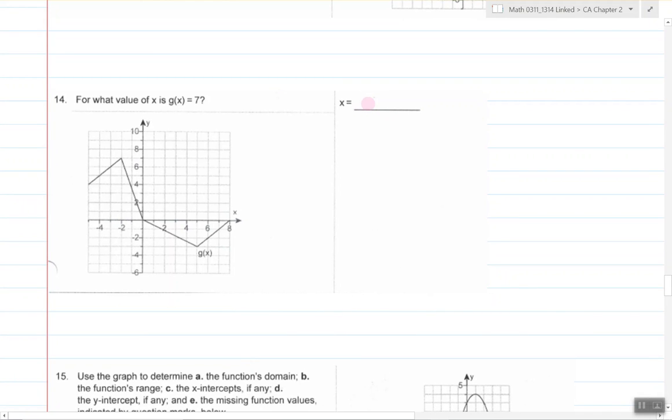Number 14 is stated a little differently. It says, for what value of x is g of x equal to 7? So when they say g of x is equal to 7, that is the y value. So they could say, find x when y is 7.